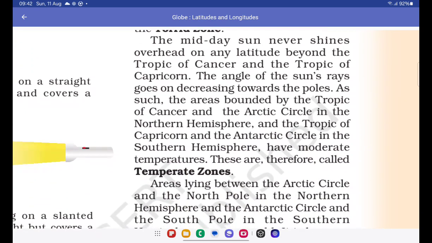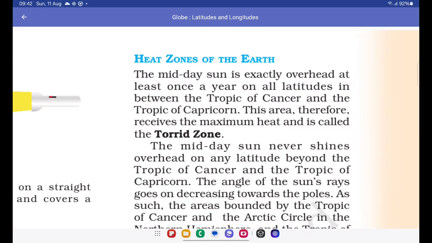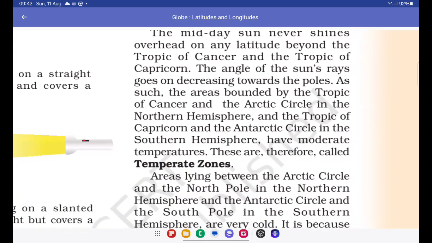Moving on towards temperate zones. What are temperate zones? One thing to note is that before it was only the torrid zone, but now it is temperate zones, so there is more than one. Make a note of this: Temperate zones, hyphen, areas which never receive direct sunlight and therefore have moderate temperatures.